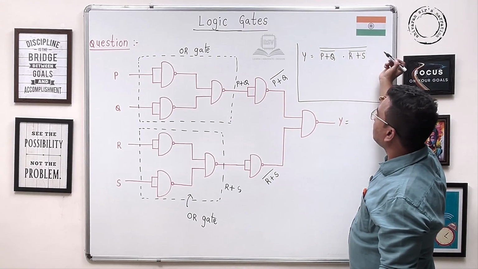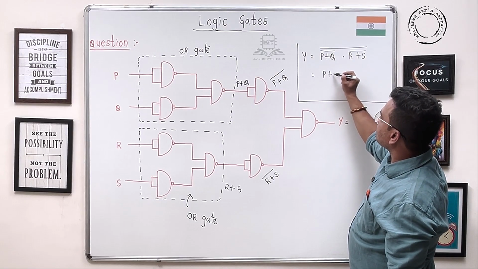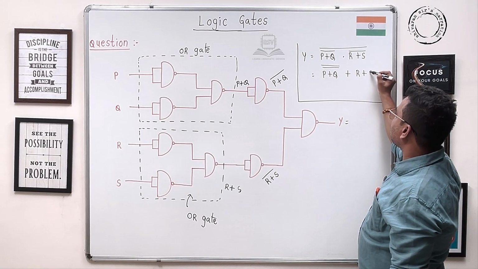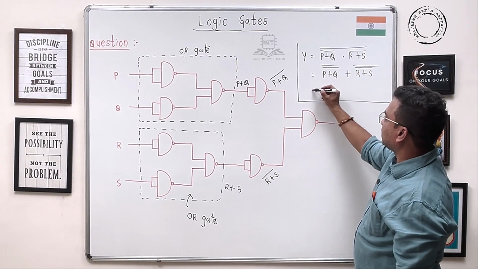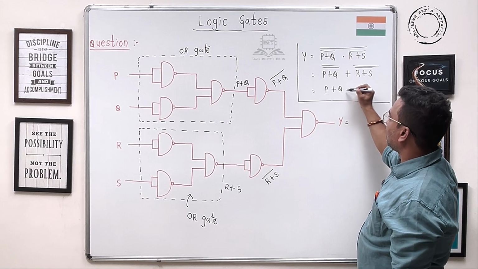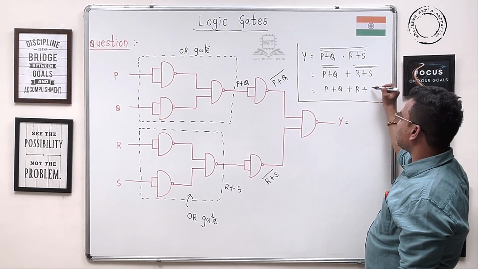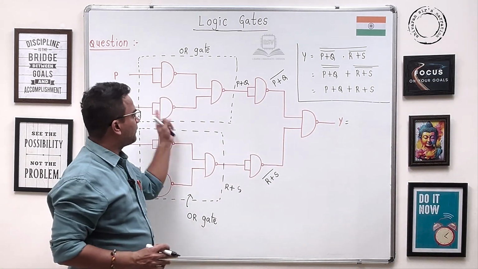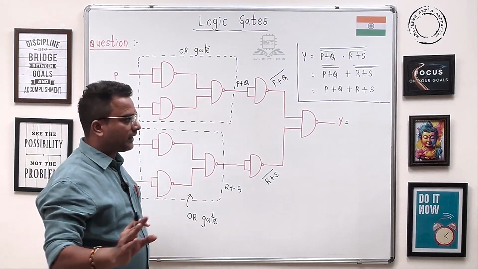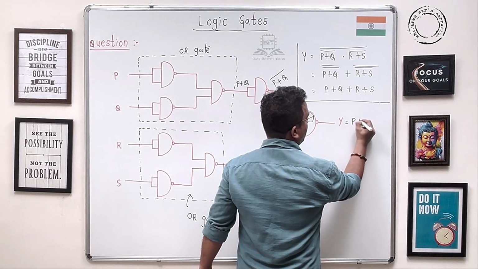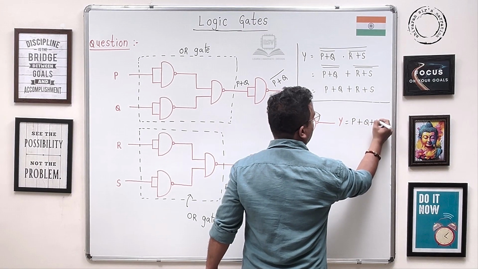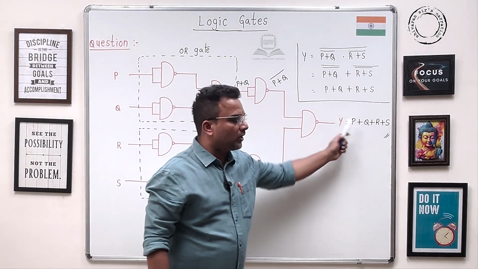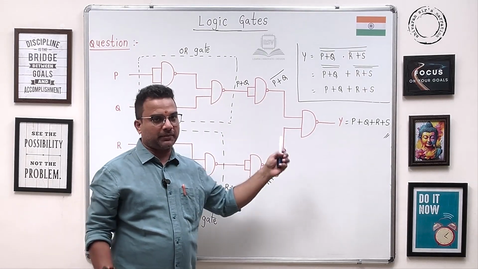Again whole bar, then it could be P plus Q bar whole bar plus R plus S bar whole bar, then it can be written as P plus Q plus R plus S. Hence guys, for this given design, which is only in terms of NAND gates, the output simplified expression is P plus Q plus R plus S. Simply it is like logical addition of every input.